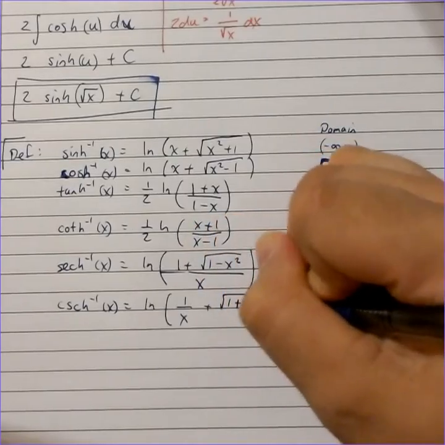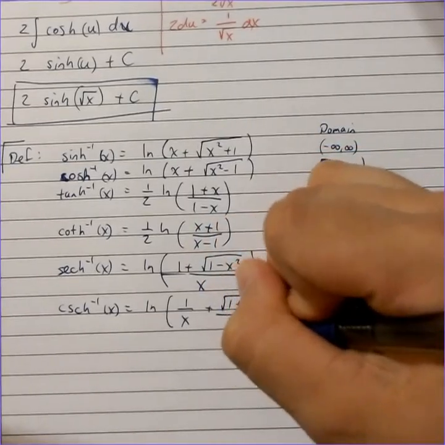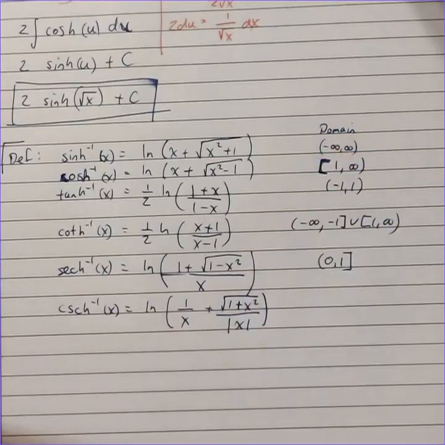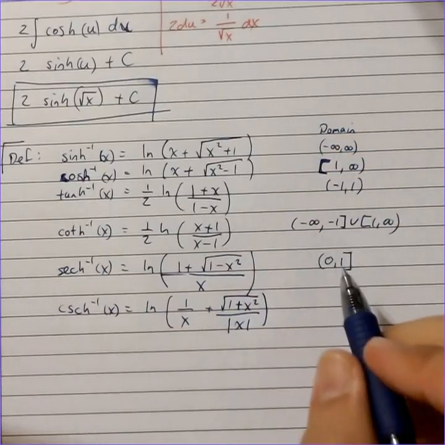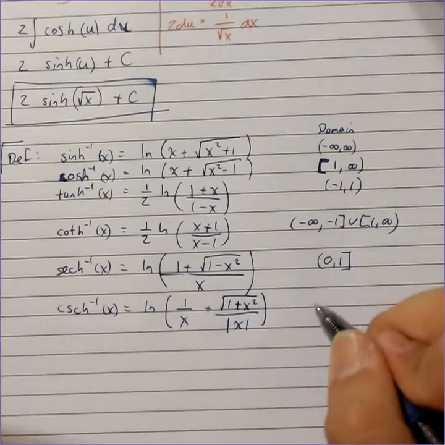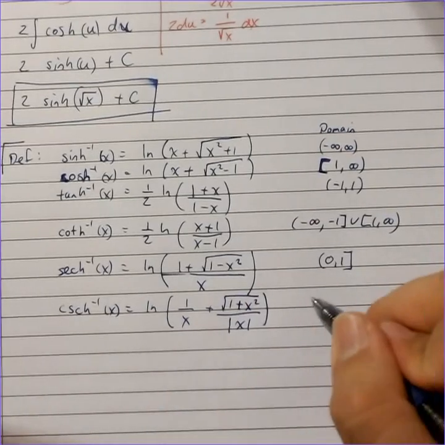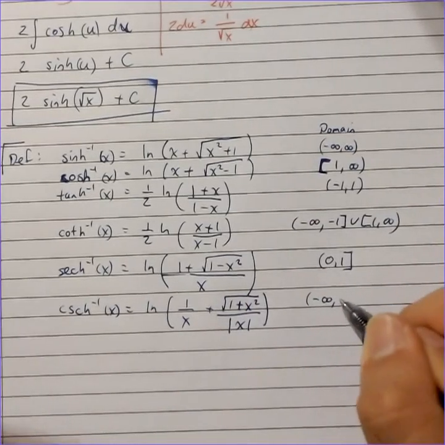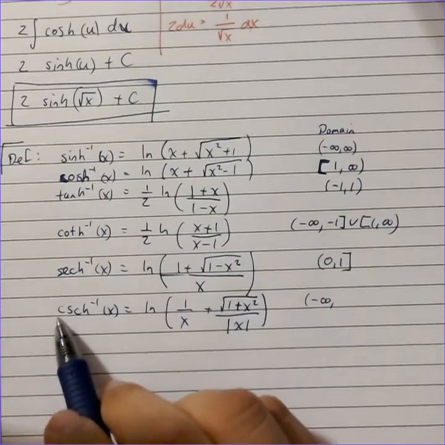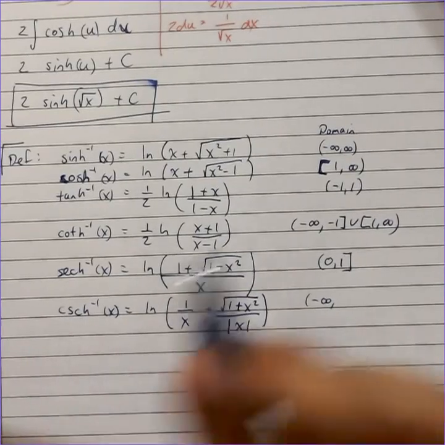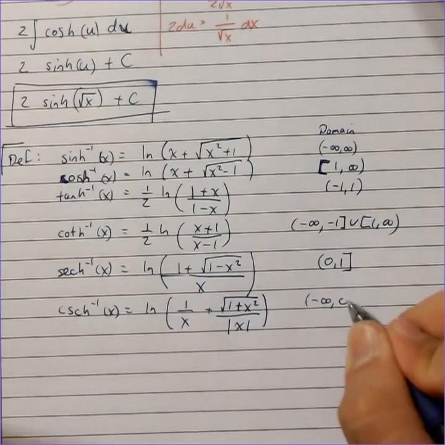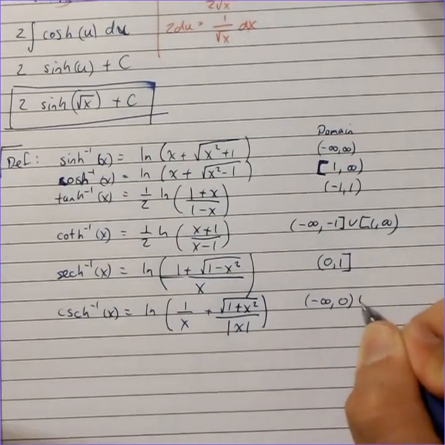So it should be 1 plus x squared over the absolute value of x, like that. And this one's defined everywhere except at the point 0, because again, dividing by 0 is kind of a no-no. So the inverse hyperbolic cosecant is valid at all numbers except for 0.